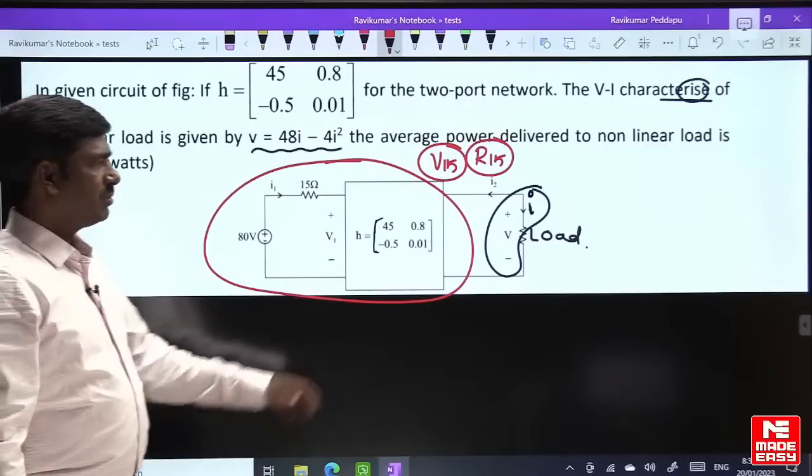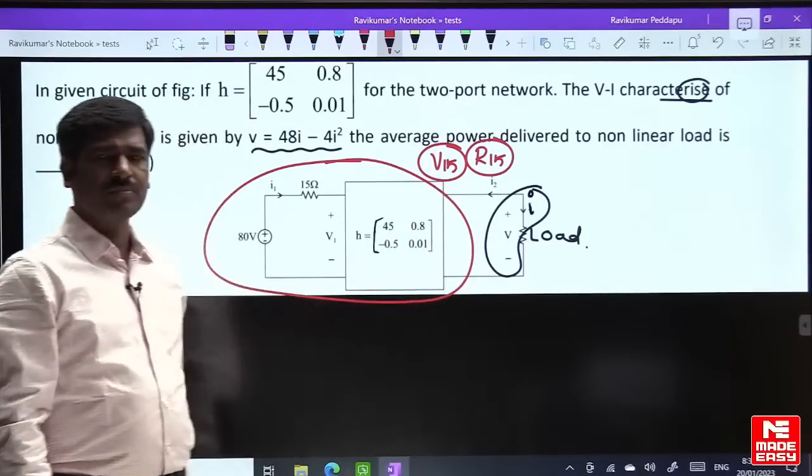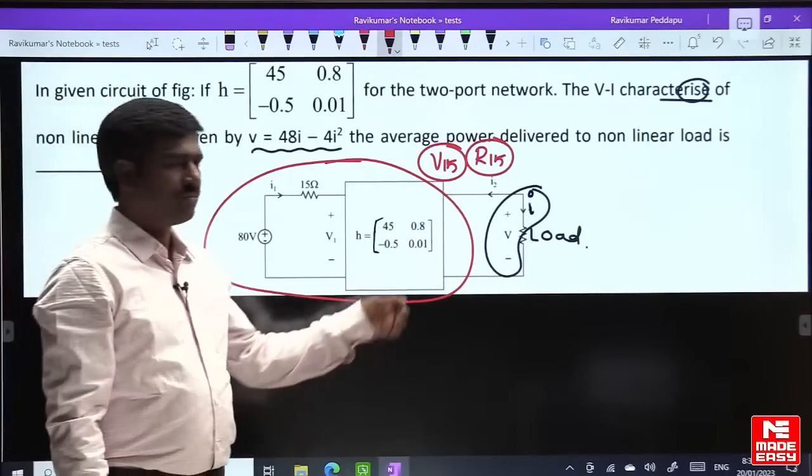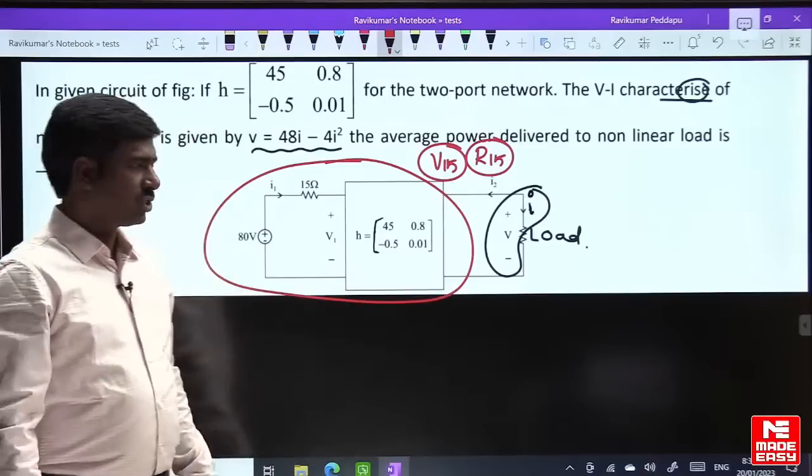Open circuit the 2 dash port, find out the VTH. Using the V by I ratio, find out the RTH.